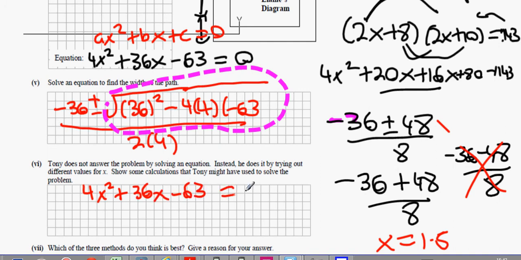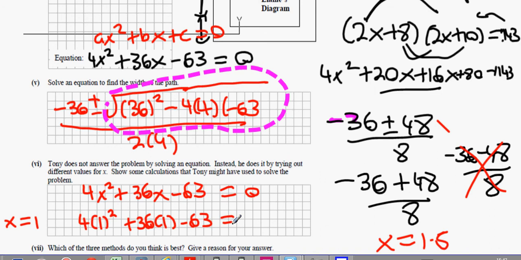So he might try x equals 1. And what he has to do is figure out if this equation works. So he's going to pick a value to see if it will work. It's going to be 4 times 1 squared plus 36 times 1 minus 63.